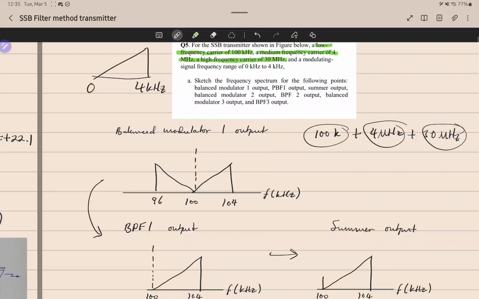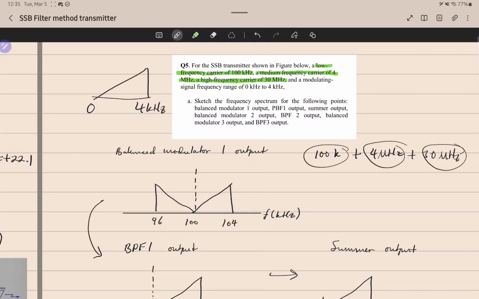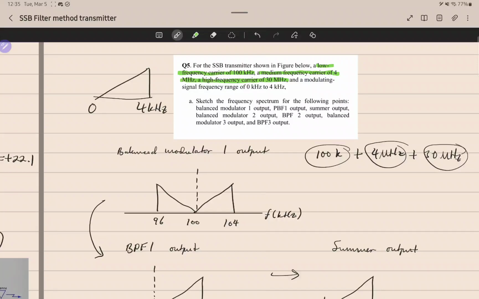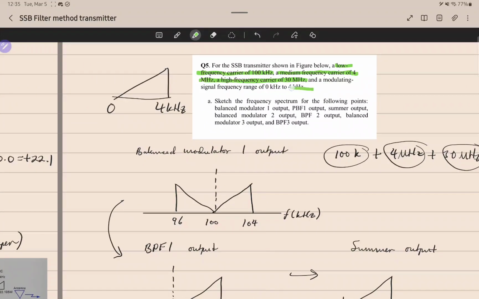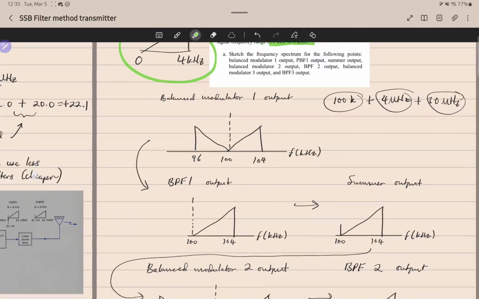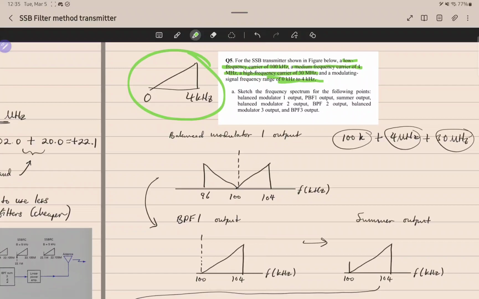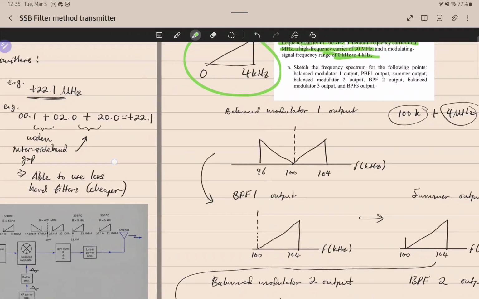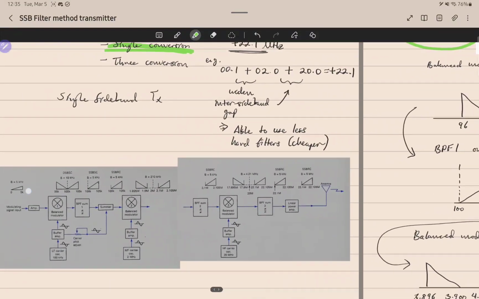So these are your modulating frequencies. Your modulating frequencies are going to be from 0 to 4 kilohertz, which we're going to represent using this triangle here. This would be your modulating band of frequencies, 0 to 4 kilohertz. Now let's look at what the frequency spectrum looks like at the balanced modulator 1 output.